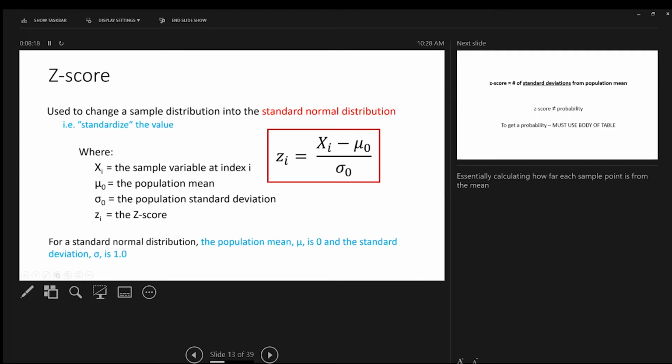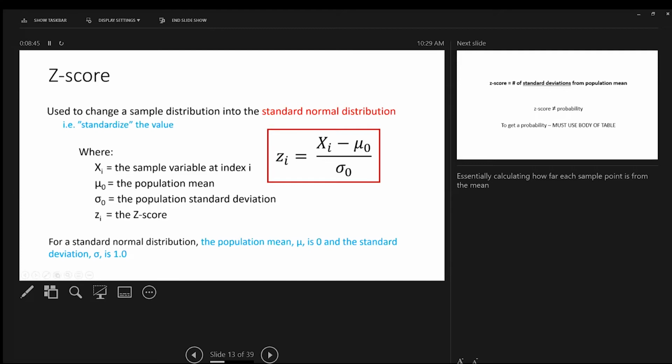So we calculate our z-score with this equation over here, where x sub i is the sample variable at index i, mu sub 0, mu naught, is the population mean, sigma sub 0, or sigma naught, is the population standard deviation, and z sub i is the z-score that we calculate. So let's take a look at this equation for a second.